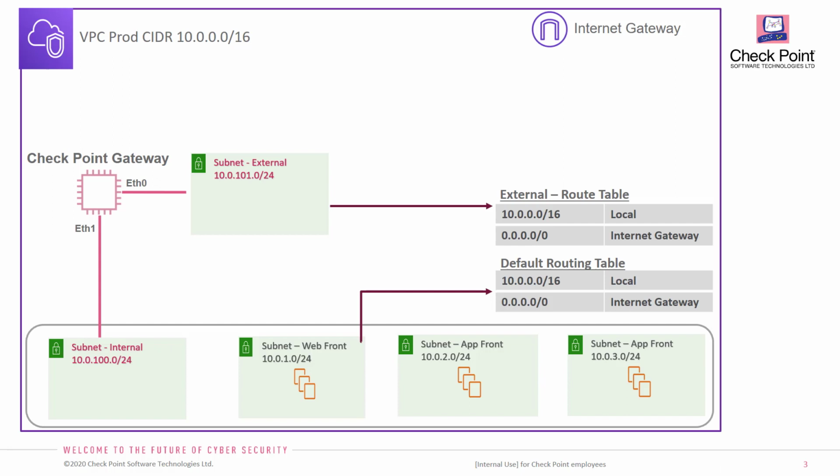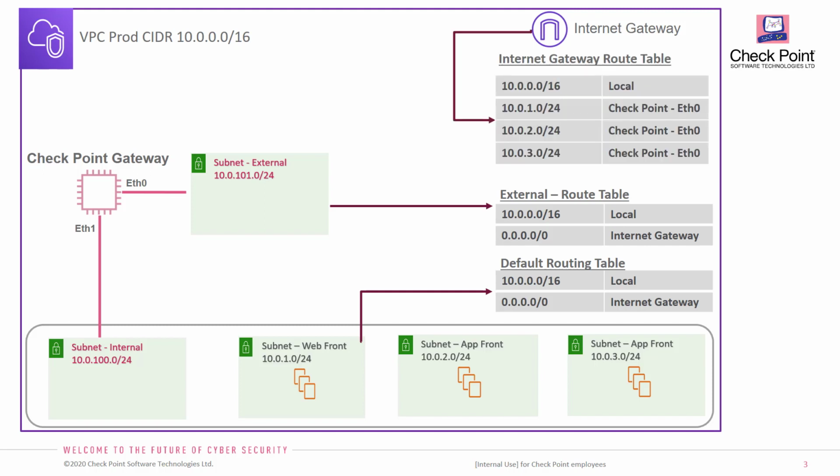Now I'm going to create the Internet Gateway routing table that will redirect incoming traffic that goes to subnet 10.0.1, 10.0.2, and 10.0.3 to the external interface of the CloudGuard Gateway.